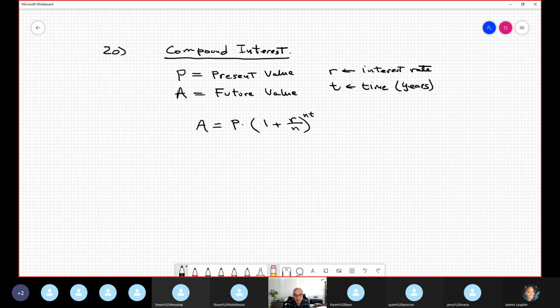I forgot to define m. m is the compounding, which depends on your bank account. We have several bank accounts. Suppose the case annually: annual compounding is 1. Semi-annually.